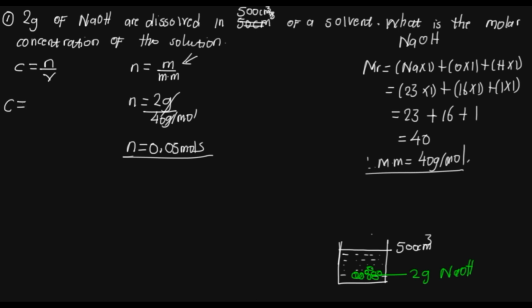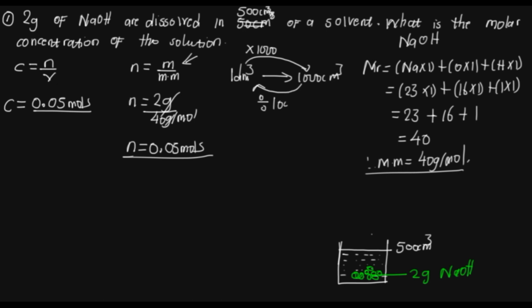So now concentration is equal to the number of moles, which is given as 0.05 moles, divided by the volume. From there we can see that the volume is 500 cubic centimeters. Now remember, the volume should be in decimeter cubed. 1 cubic decimeter is equal to 1000 cubic centimeters. So if we are converting from decimeter to centimeter, you multiply by 1,000. From centimeter to decimeter, you divide by 1,000.